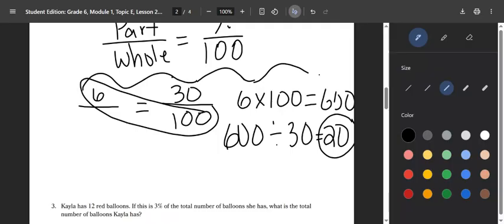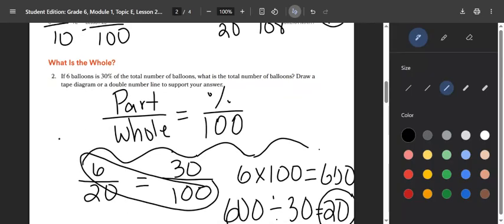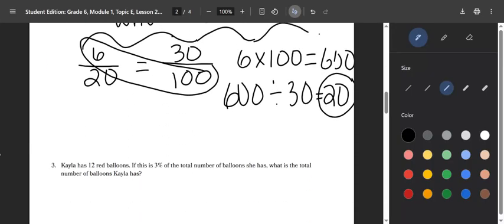So that's our answer. 20 is the whole. So 6 out of 20 is 30 out of 100. So then the question is, let me go back up here and see the question. If 6 balloons is 30% of the total number of balloons, what is the total number of balloons? The total number of balloons is 20.